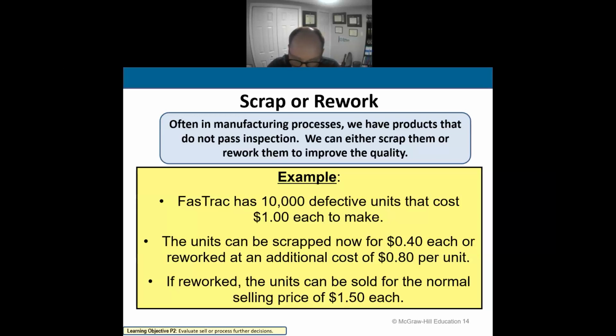Or I can rework those wiper blades, to the point where they're no longer defective, for an additional 80 cents cost per unit. If I rework them, then I can resell those wiper blades at the normal sales price of $1.50.